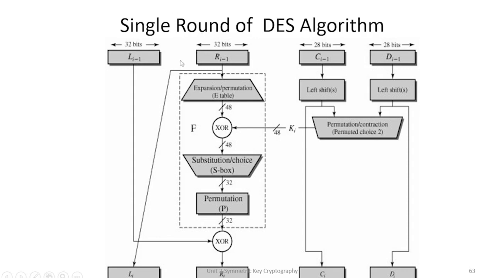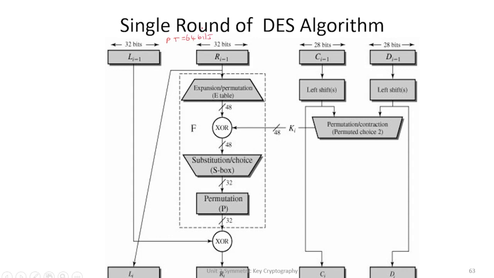Totally 16 rounds are there. This diagram shows a single round function. The same round function is performed in all 16 rounds. Totally 64-bit plaintext is available.